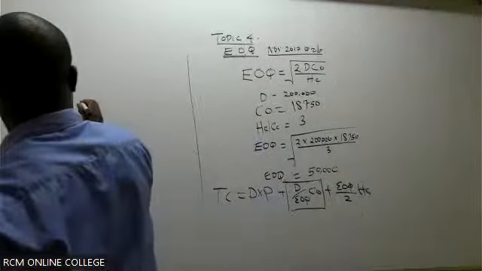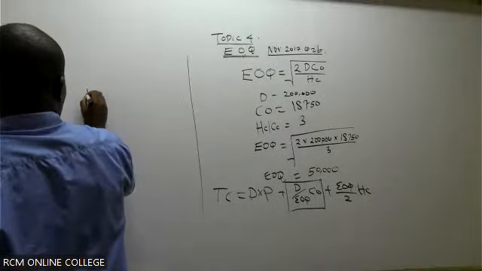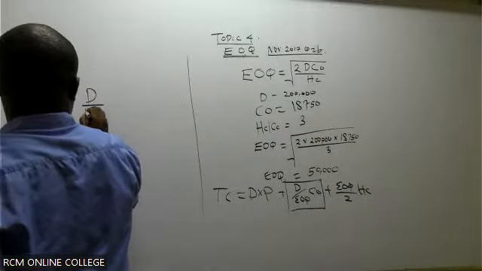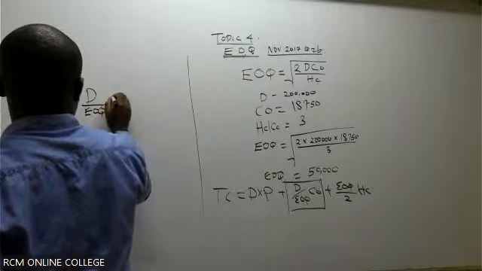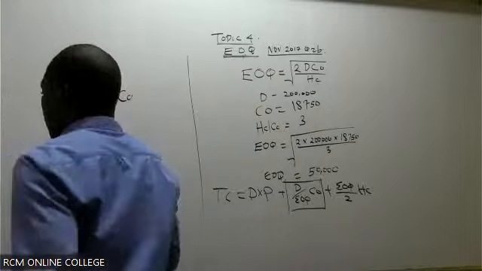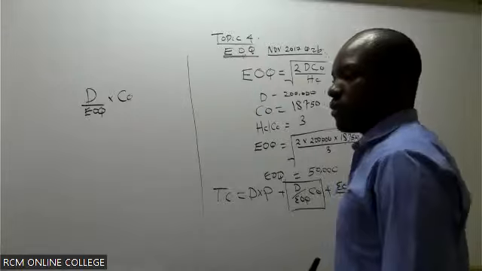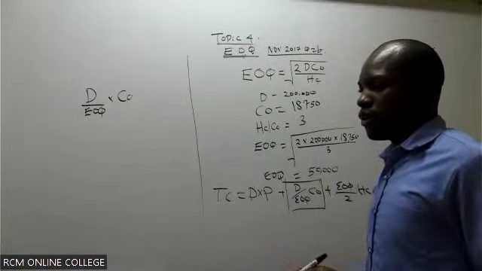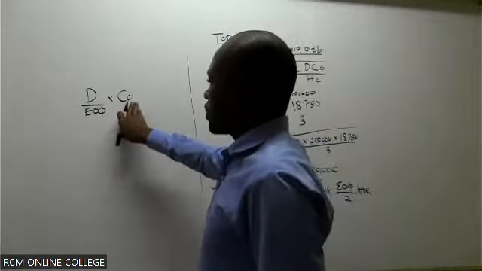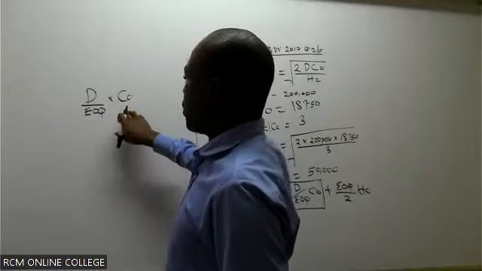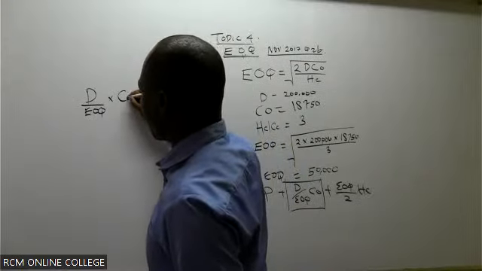Demand divided by economic order quantity. And you're able to see we are multiplying by ordering cost per order, not total ordering cost. This is cost per order. Anytime we make an order, we are incurring this particular cost.